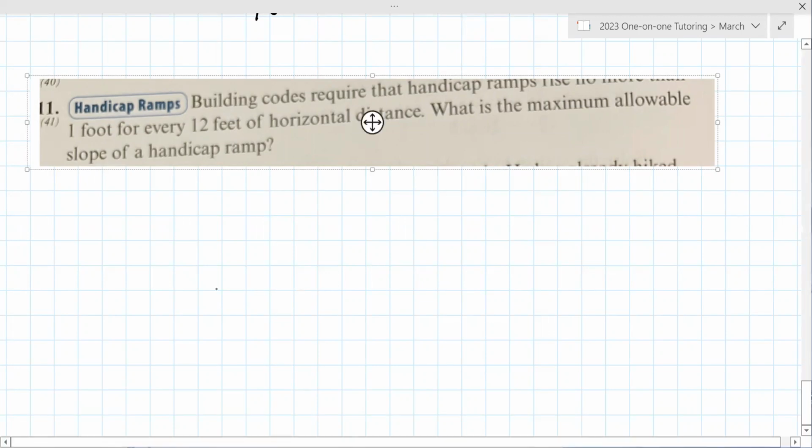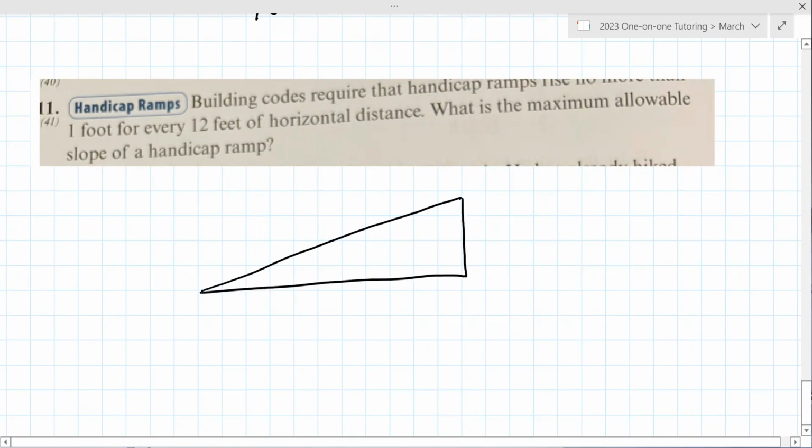It'd be helpful to draw one just to give some perspective here. Let's say it's going up 1 foot for every 12 feet. The rise is 1 and the run is 12.